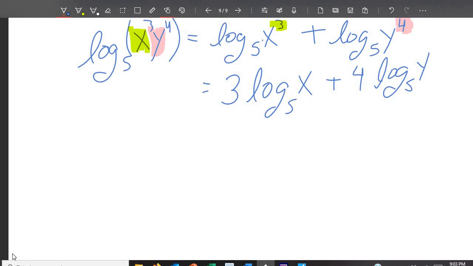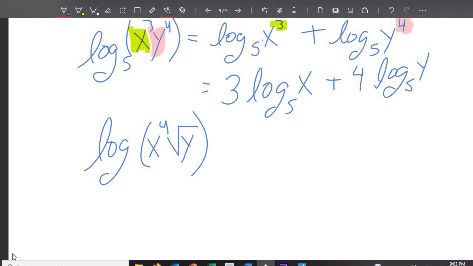Now, let's say I had log of x to the 4th square root of y. Okay, let me kind of explain this a little bit. When we're dealing with logarithms and we have a square root, we must convert that to an exponent.